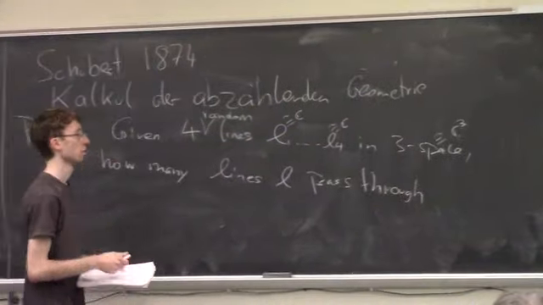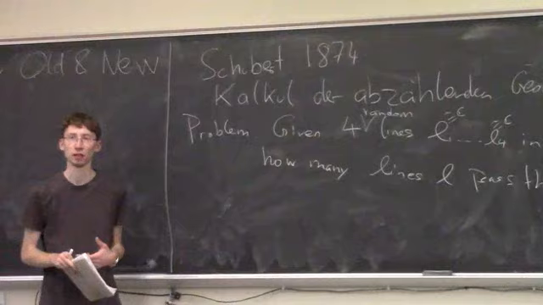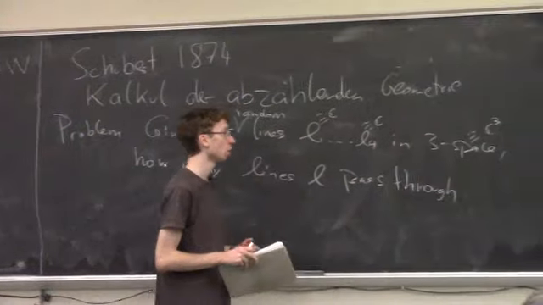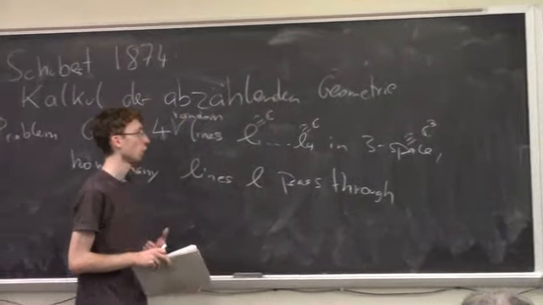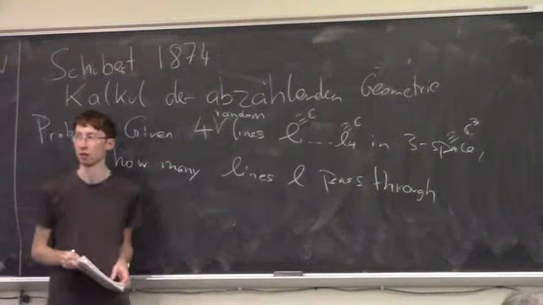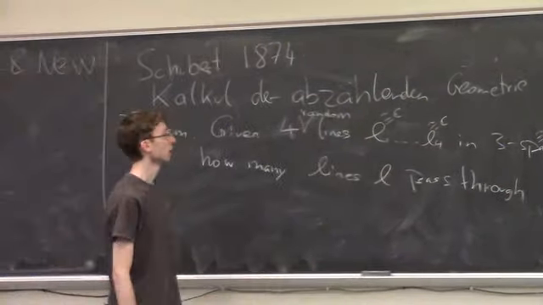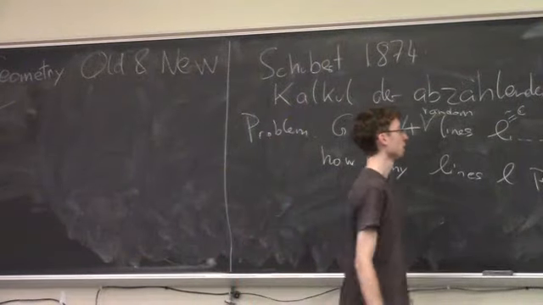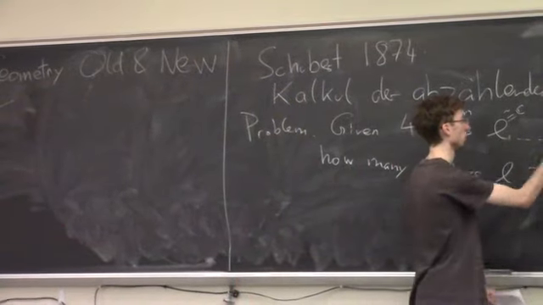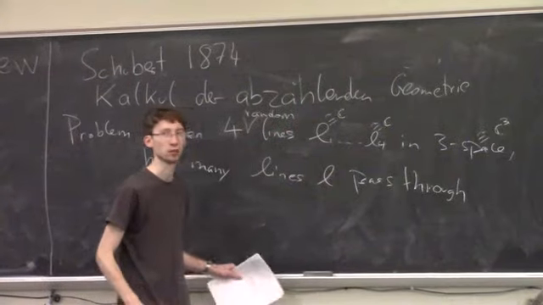That's because finding solutions to the enumerative problems often meant solving polynomial equations, and that's much easier if you work with complex numbers. But for now you can think we still work with real numbers if it's nicer for you.